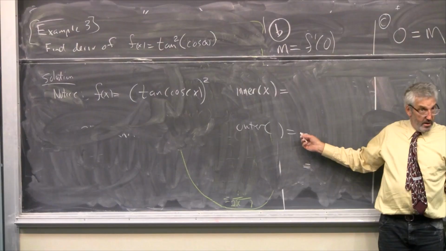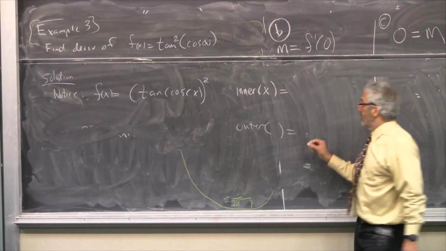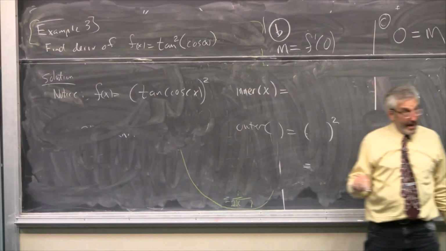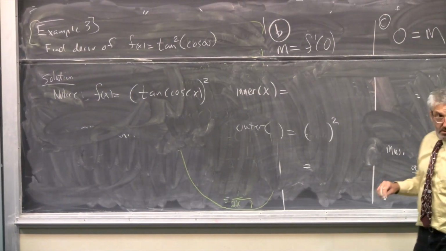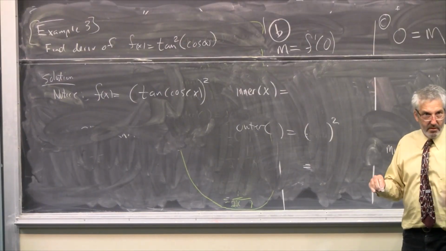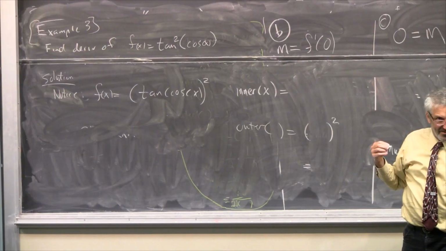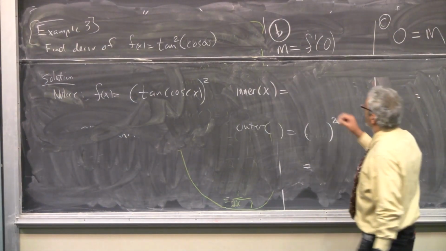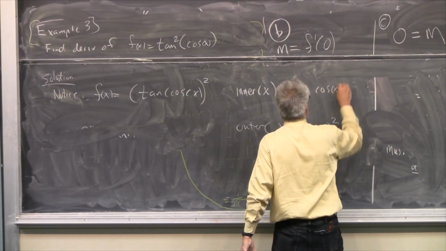What's the outer function? Parentheses squared. Yeah. When you're looking at this thing from the outside, all you see is the outer function. Now, what's the inner function? Tangent of cos x.